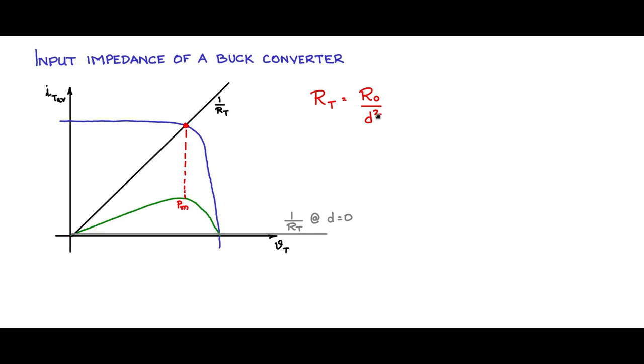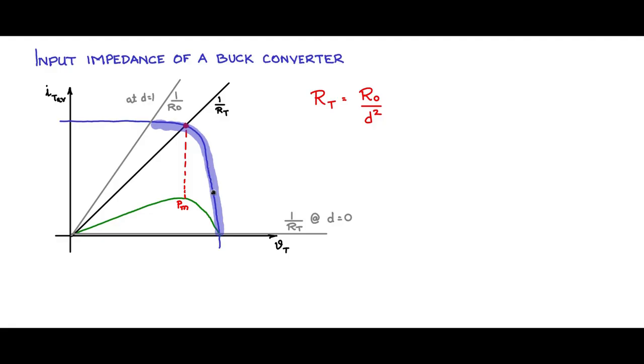Likewise, if we make D equal to 1, then RT is equal to R naught, so it will result in a load line with a slope 1 by R naught at D equal to 1. So you see, for the buck converter, all this highlighted zone is the range of the buck converter.